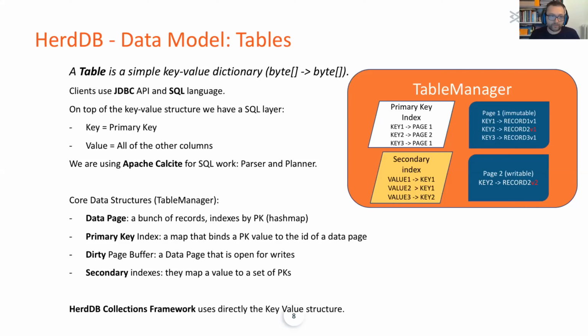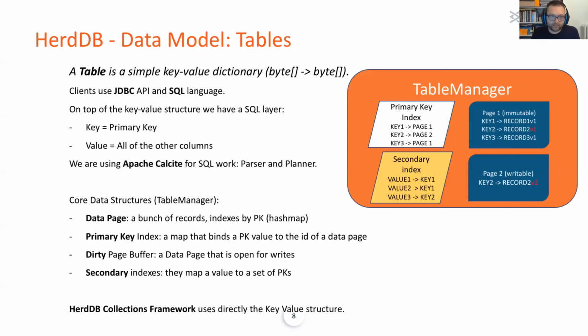But clients, and initially the database started with EmailSuccess, and EmailSuccess was working on MySQL. And so clients use the JDBC API and the SQL language. You can use Hibernate, OpenJPA, whatever, but they are always using the JDBC API. So we have a native SQL layer on top of the key-value store, and the mapping is simple.